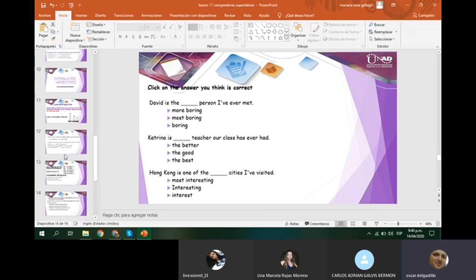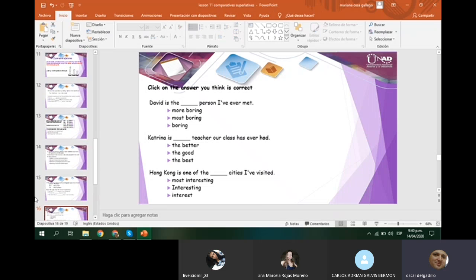Okay, now we are going to do an activity. You must imagine three or more animals, and you must create comparative and superlative sentences.